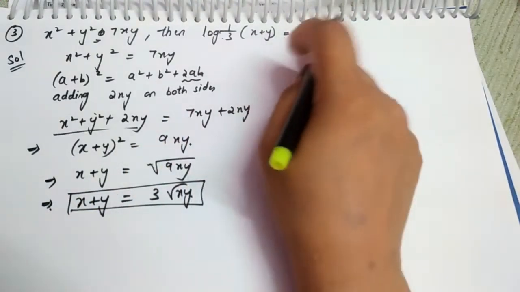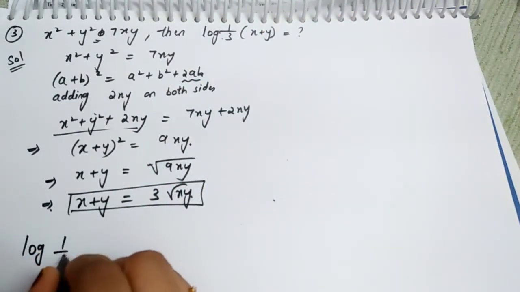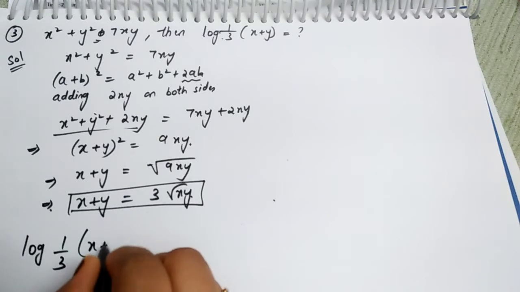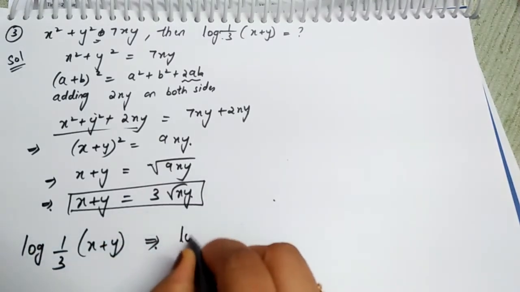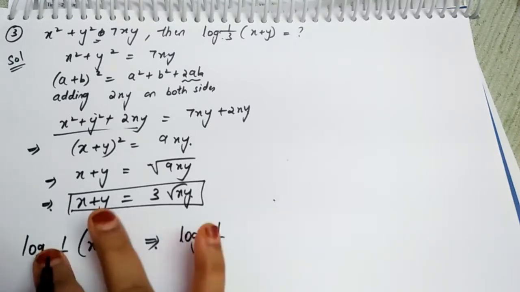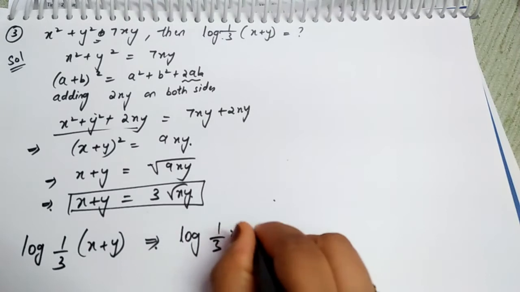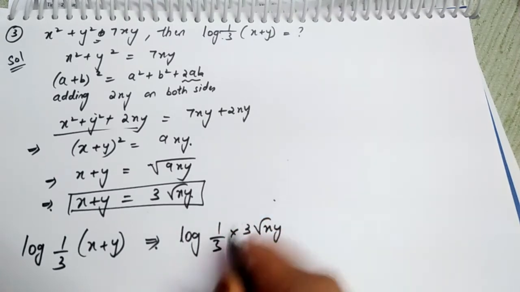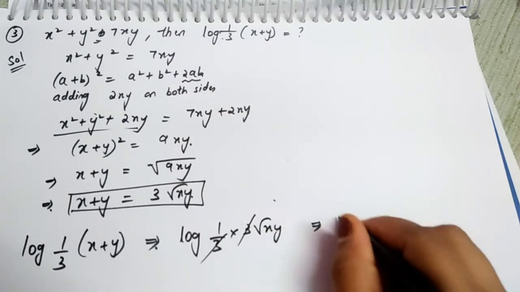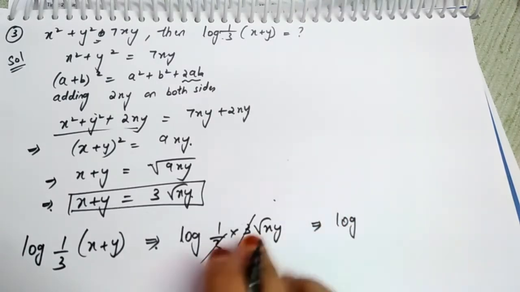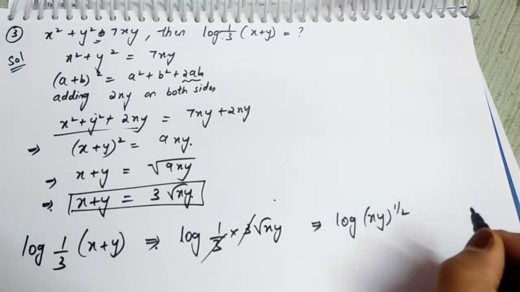But in our question, what we need to find out is log of 1 by 3 into x plus y. Okay, so here what we are going to do, we will be taking log 1 by 3 as it is. In place of x plus y, we are going to replace it with 3 root xy. Okay, these two get cancelled, 1 by 3 into 3. The only thing left is log, we'll remove the root also, (xy) whole to the power 1 by 2.